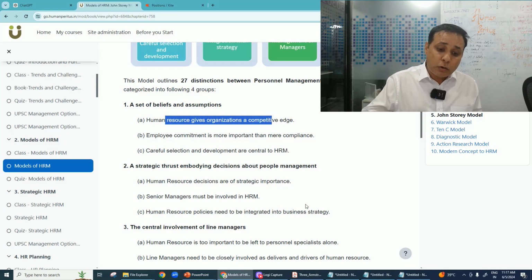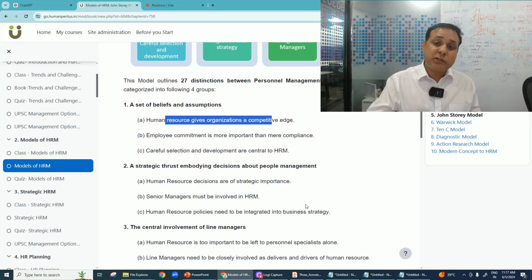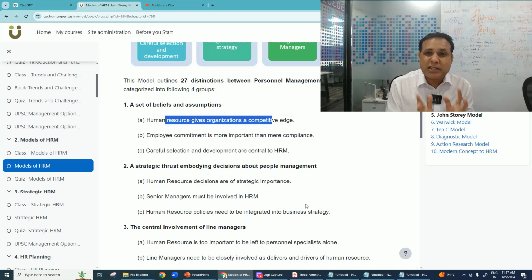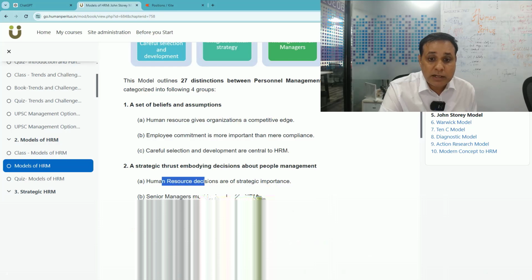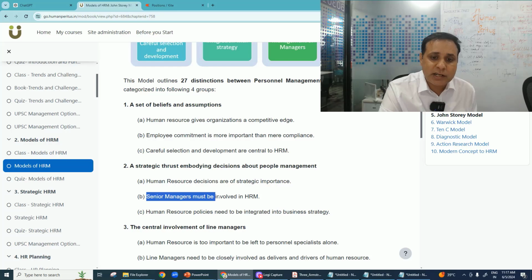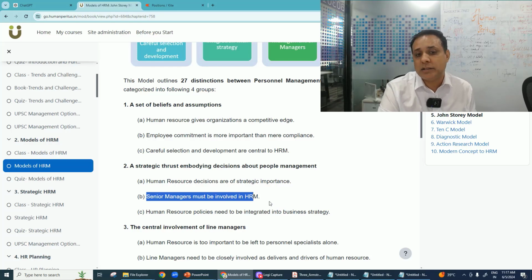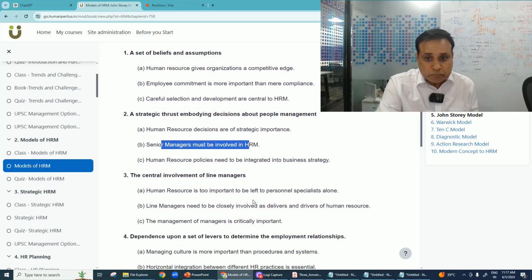When your overall strategy is being created, will you involve the HR manager in those strategic discussions or not? This is the strategic orientation of the firm. You can also see whether HR decisions are strategic or not, and whether you are involving senior managers in HR decisions or not.